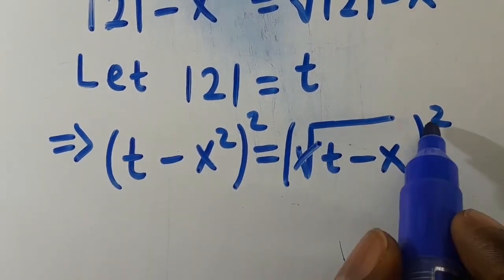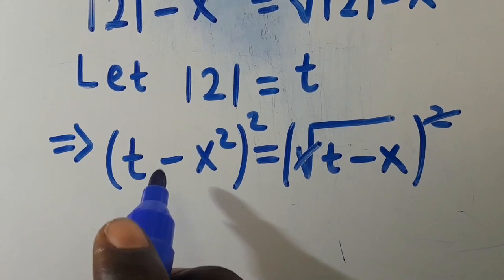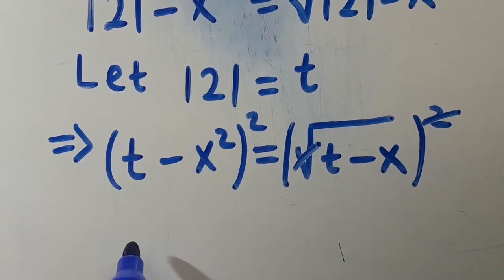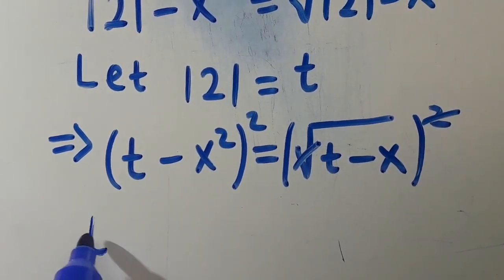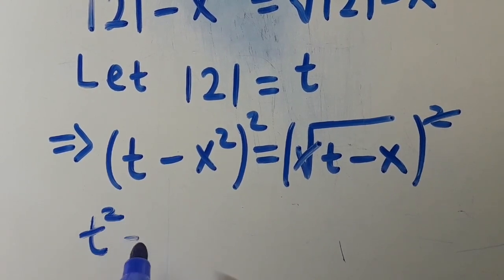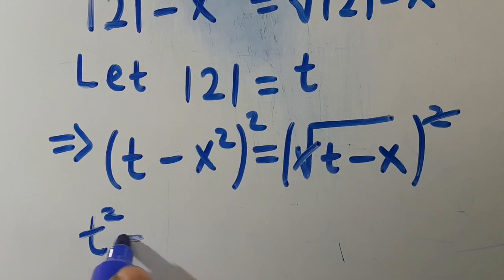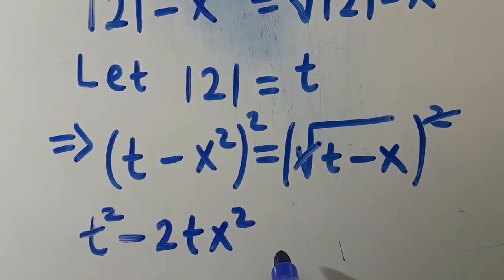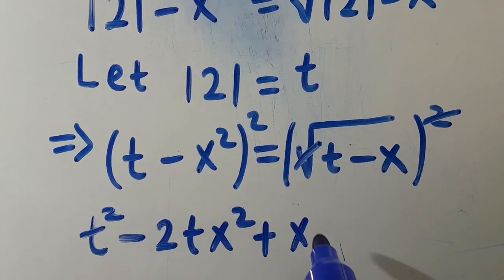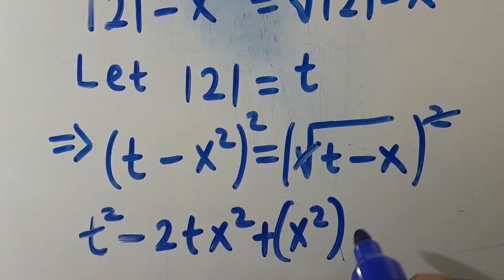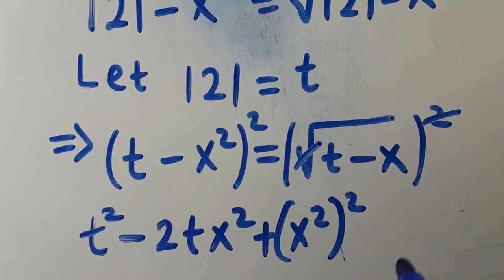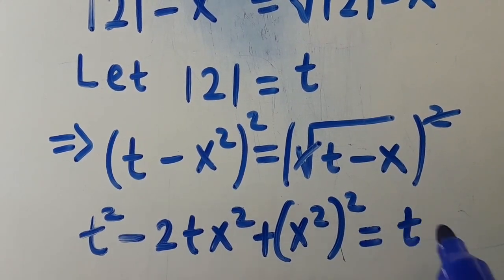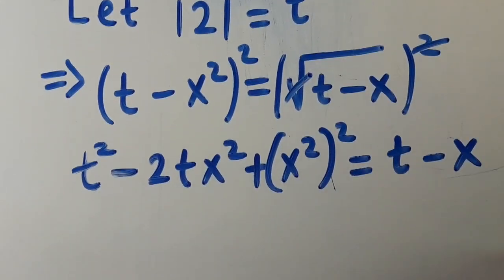Then this will cancel this. When we take the expansion of this one, we are going to have t square minus 2t x square plus x square, all in bracket to the power of 2, equals t minus x.